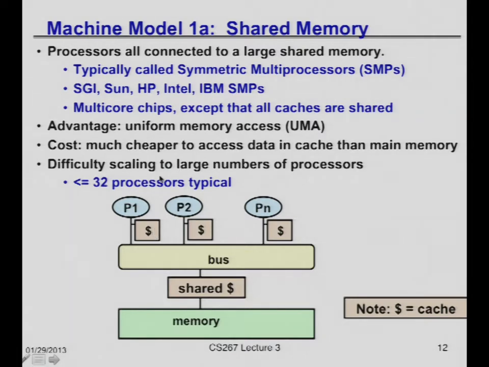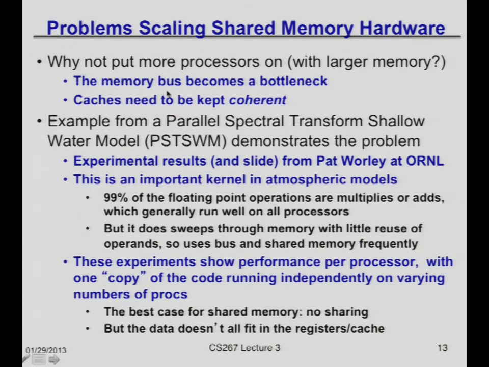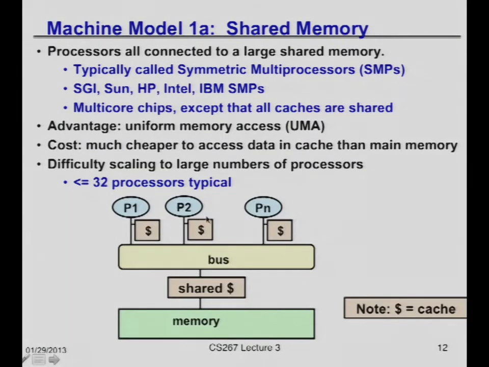Now the trouble with this is that it's the simplest programming model, which is why people built it originally, but it's very hard to scale up to very many processors. It's typically limited to 32, maybe people are trying to build 64 that look this way, because there's a bottleneck, which is that everybody is sharing this one common hardware resource, and that gets to be a problem. The reason is that all of these caches need to be kept coherent.